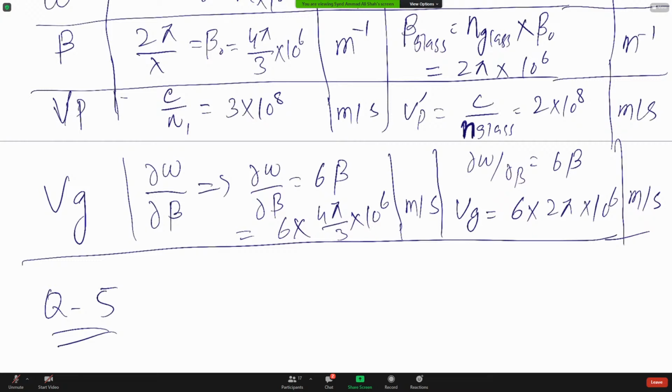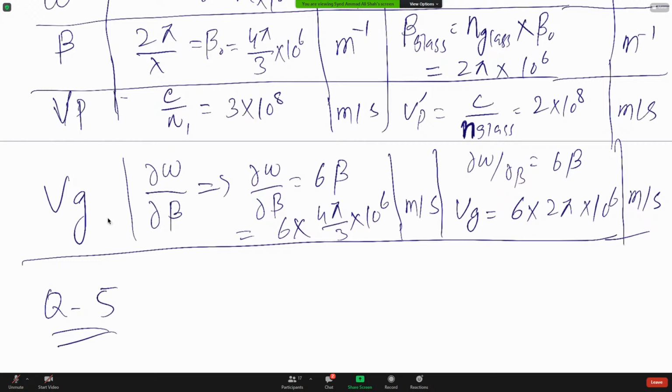I can do it straightforward with this expression. I think the formula for phase velocity is c over n. For group velocity, I think you wrote that it's c over ng as well. Yeah, in his notes it's c over ng, but the ng is the group velocity refractive index. So I think that would be given to us, right?